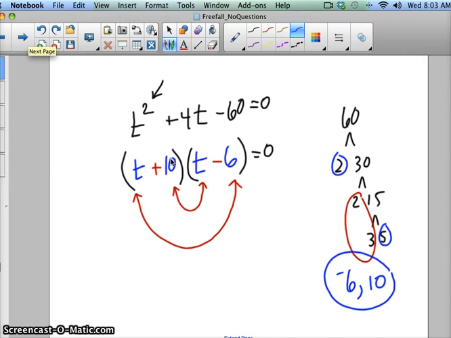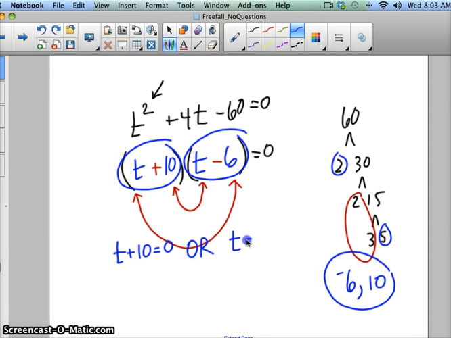And what this means now is t plus 10 equals 0 is a possible solution. Either this factor or this factor has to be equal to 0. So t plus 10 has to equal 0, or t minus 6 has to equal 0. Well, this one's going to give me a negative time of 10 seconds, which doesn't make sense to us.